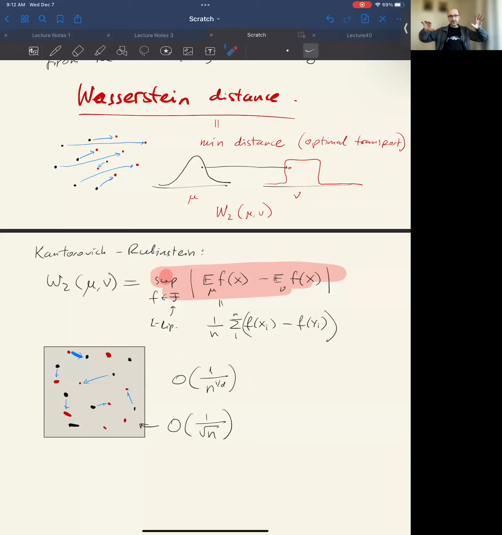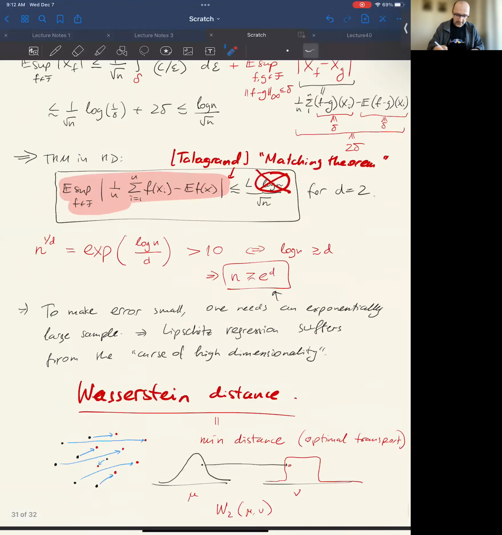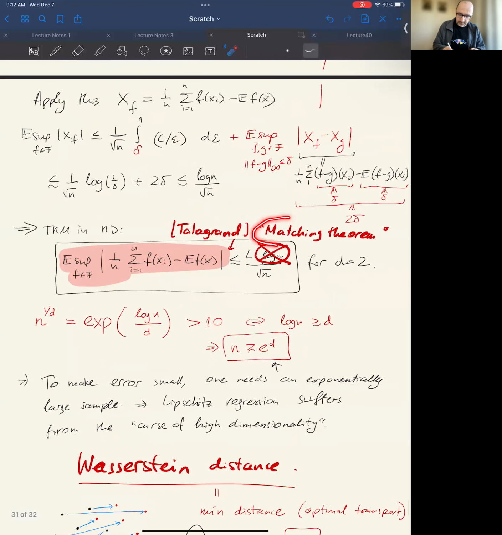So you take two samples, and this theorem that we proved allows us to transport points in the optimal way, if we know a little bit about this duality, which I showed you. That's the reason why this theorem is called the matching theorem, because you match points between themselves.